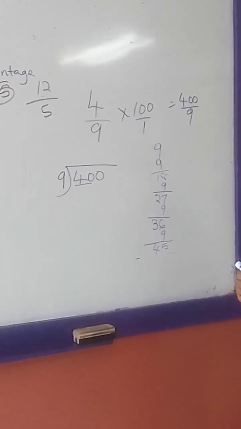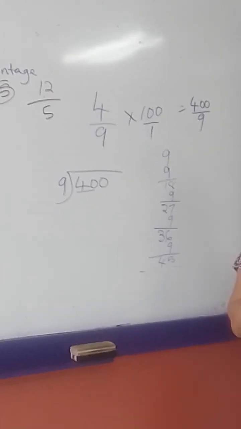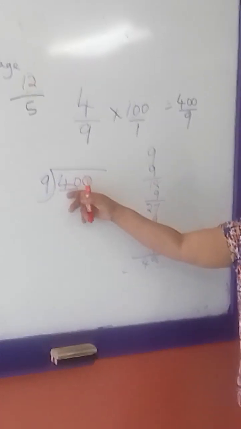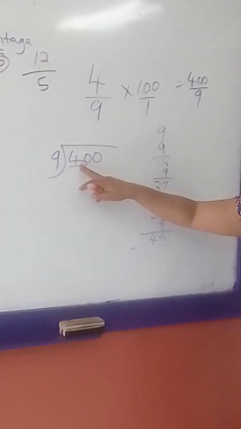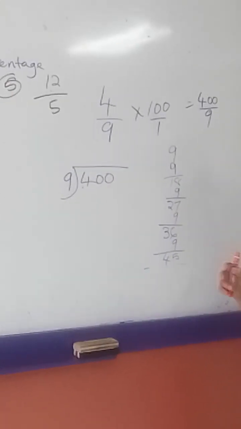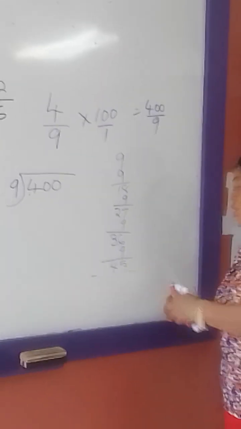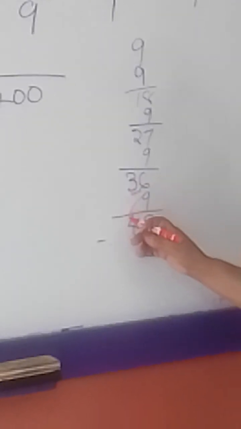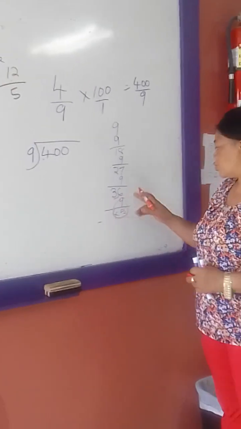I do not need to go to 45 because my number here is 40. So I cannot go bigger than 40. I have to have a number that is less than 40, which in this case would have been my 36. So I am not using this one. I go 36.